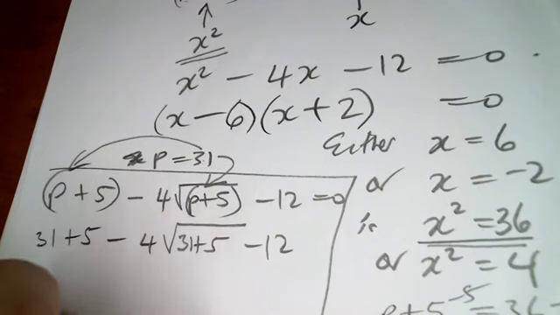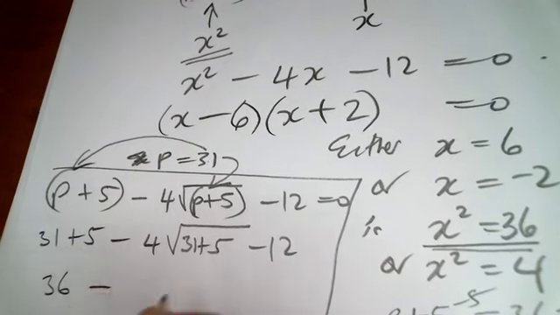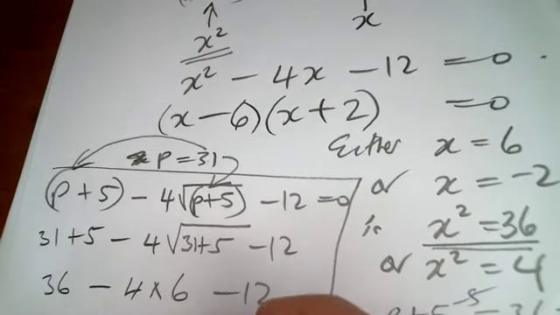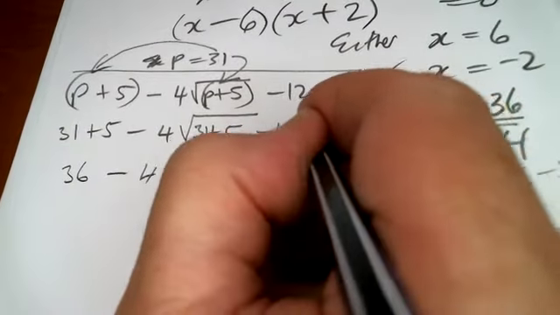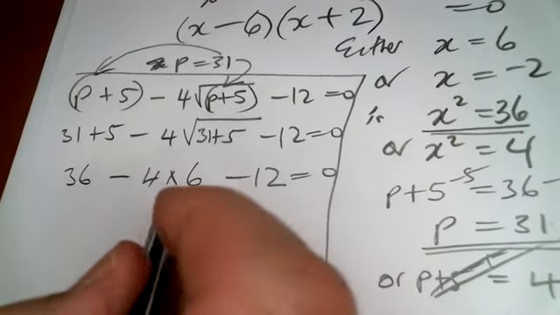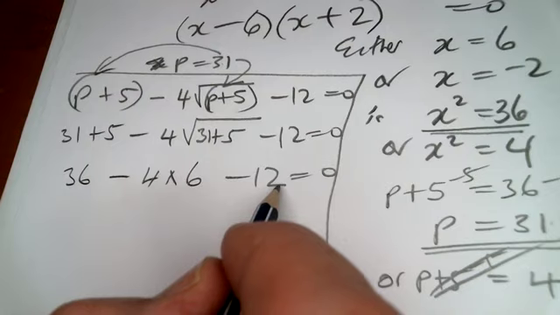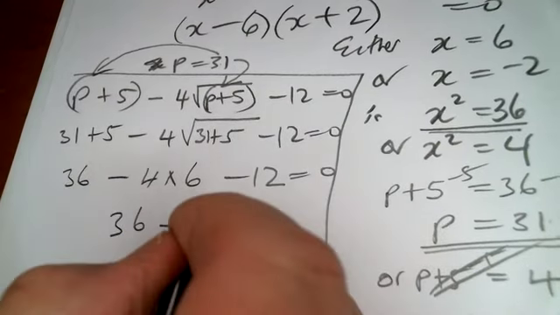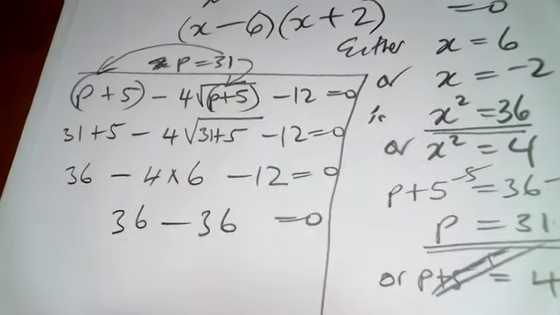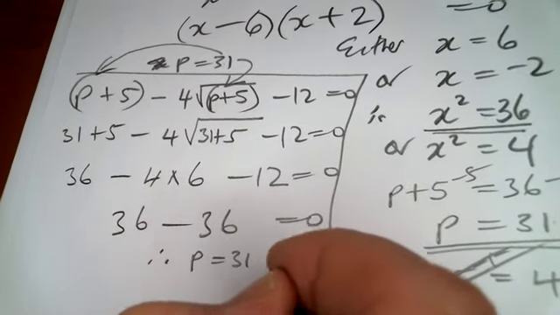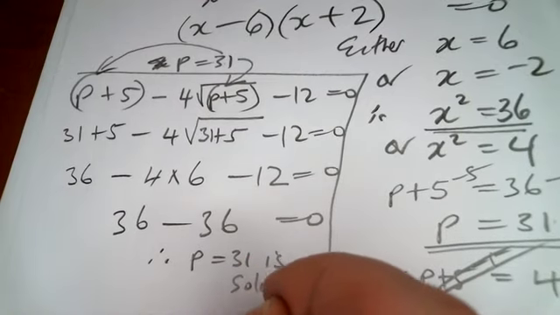So I've got here 31 and 5 is 36 minus 4 times root 36, and root 36 is going to be 6, minus 12. All right. Does that equal 0? Well, 6 fours are 24, so I've got 24 minus 12, which is 36. So I've got 36 minus 36 does indeed equal 0. Therefore, we could say p equals 31 is a solution.